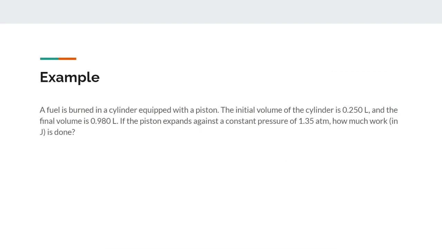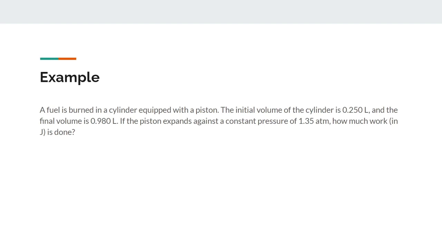So let's take a look at this example of PV work. A fuel is burned in a cylinder equipped with a piston, just like we saw here. The initial volume of the cylinder is 0.250 liters, and the final volume is 0.98 liters. If the piston expands at a constant pressure of 1.35 atmospheres, how much work in joules is done?